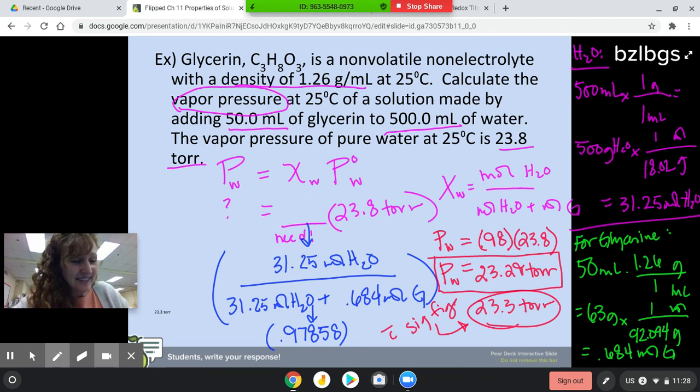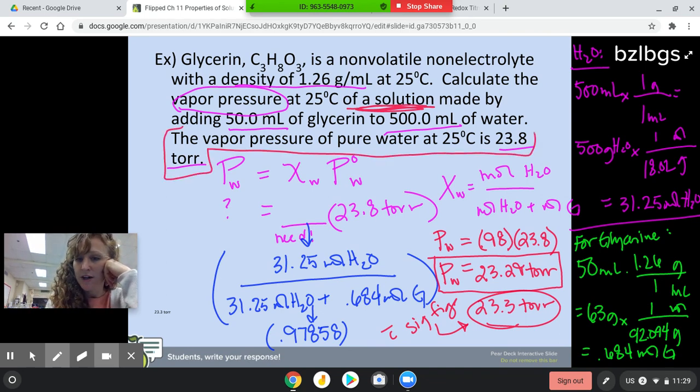Why did you put the H2O on top instead of putting the glycerin on top? Yeah, that's a good question. It's not always clear, especially because they ask what's the vapor pressure of your solution? If they don't make it clear which one they want the vapor pressure of, always do solvent. Down here, they give you the vapor pressure of pure water.